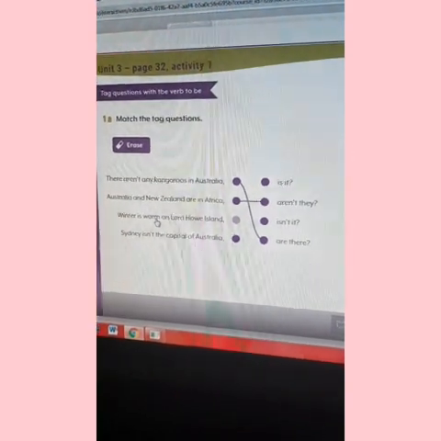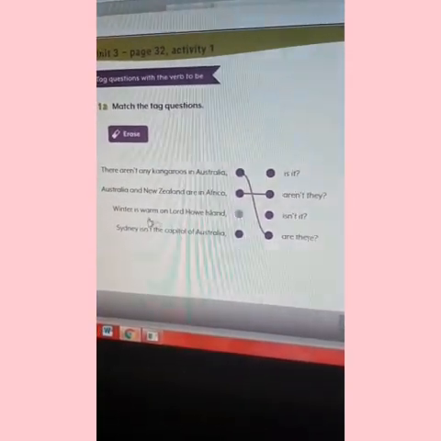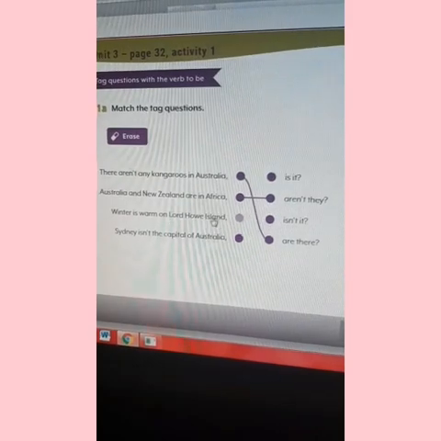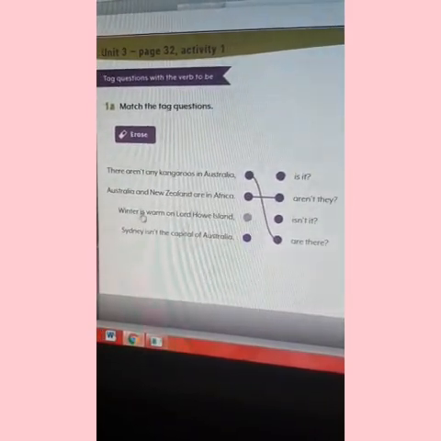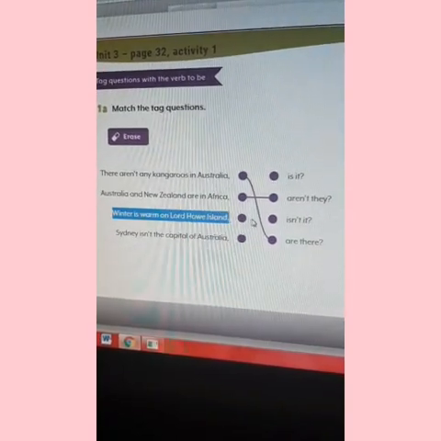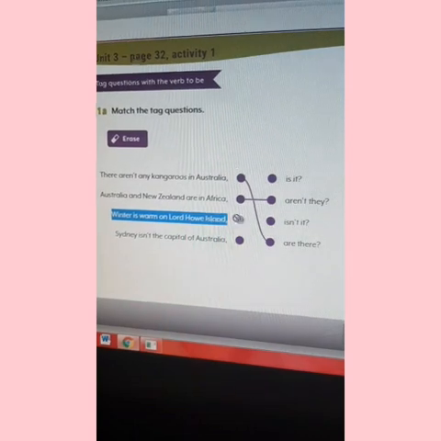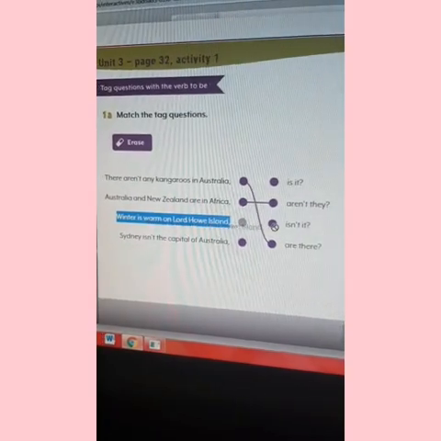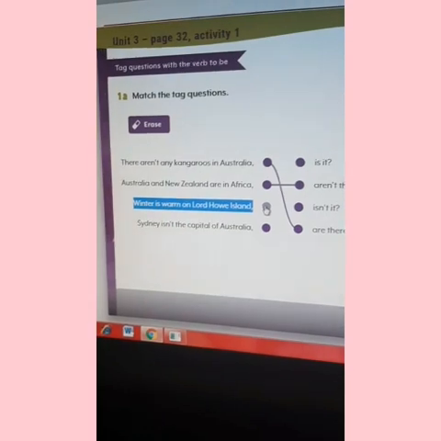Number 3, winter is warm on Lord Howe Island. Here we have a positive statement. The tag equation will be in negative. Okay, let me see. Wait some seconds. I have some problems with this activity.